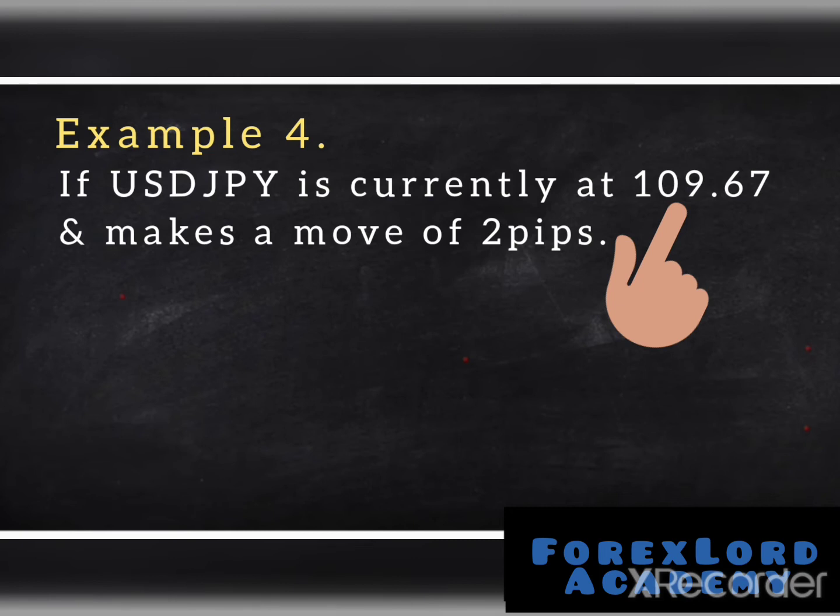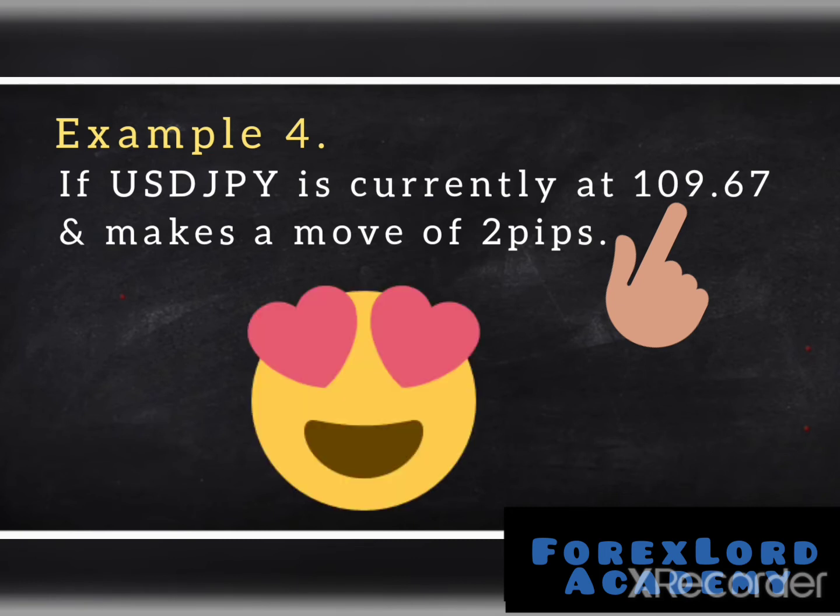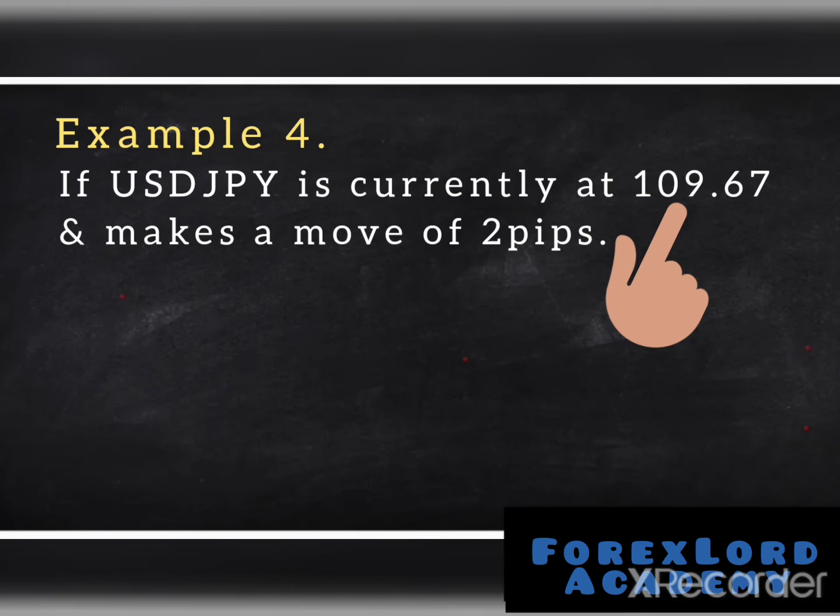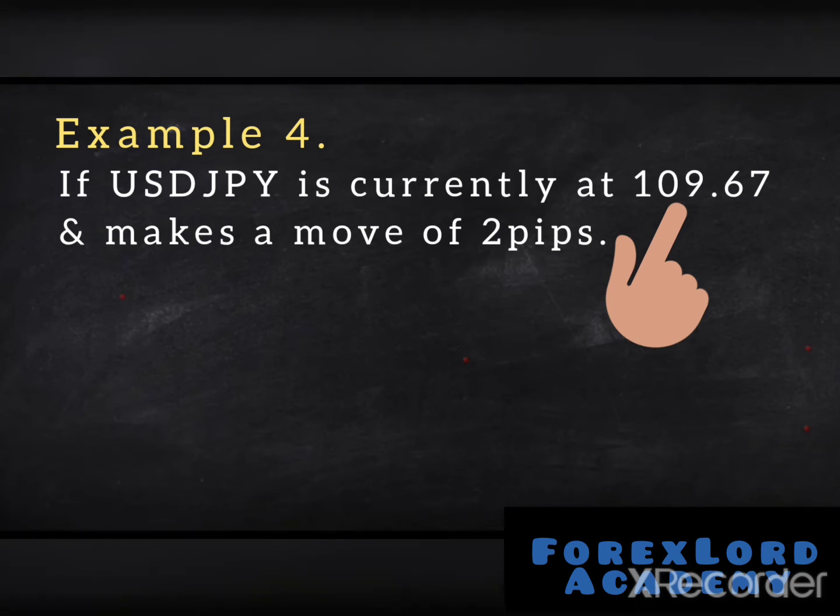Why is this one 2 decimal places? I told you there were some exceptions, right? This is where they play out. JPY pairs have 2 decimal places, while Euro USD pairs have 4 decimal places. So we are going to see how these exceptions play out.